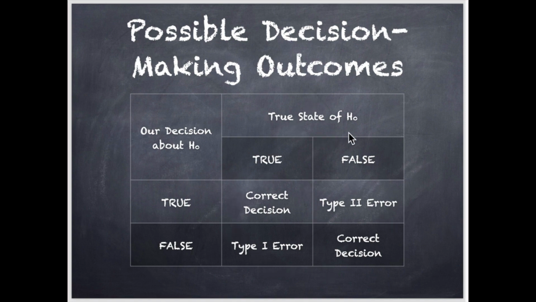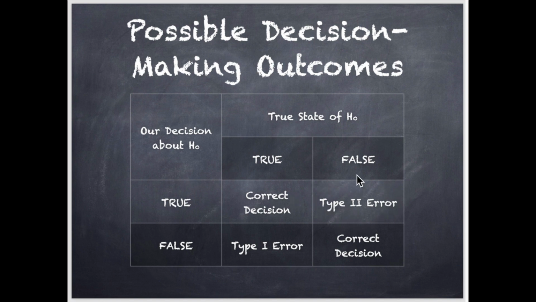So again, if the null hypothesis is true and we conclude that it's true, then we have come to the correct decision, the correct conclusion. On the other hand, if the null hypothesis is true, but based on the data that we've obtained, we conclude that it's false, well, that is an error of the first type. It's a type 1 error. Now, if the null hypothesis is in fact false, but we get a hold of a data set that leads us to conclude that the null hypothesis is true, or in other words, for which we fail to reject the null hypothesis, then that is a type 2 error.